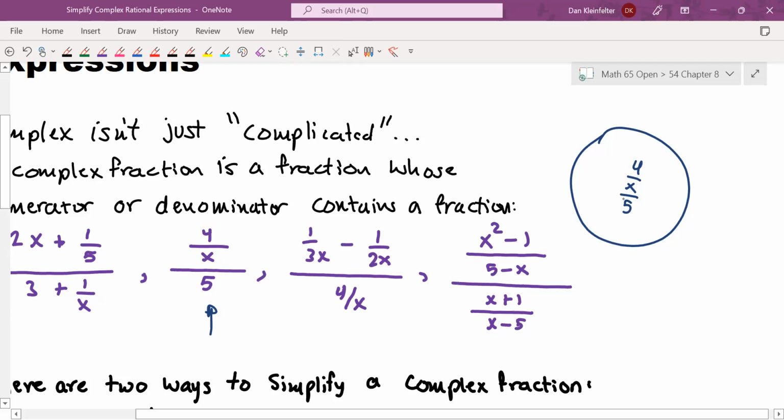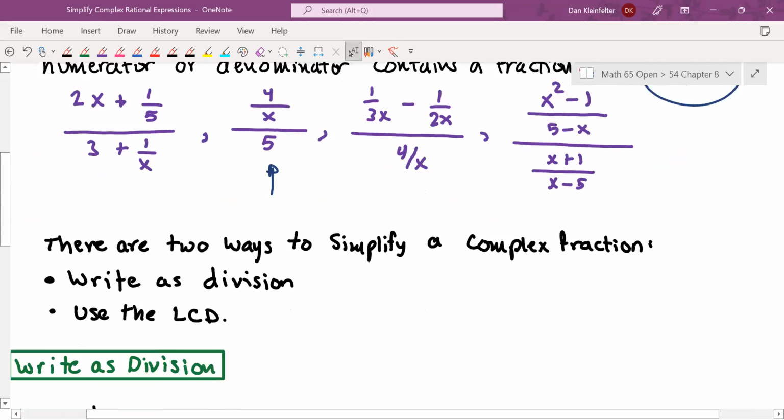So which is it? It's not going to be equal. It's not the same. So it's a good idea to go ahead and make those fraction bars good and long so that everybody knows, do you mean 4 over x over 5, or do you mean something else like 4 over x over 5?